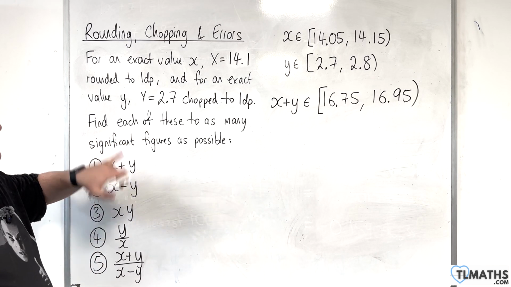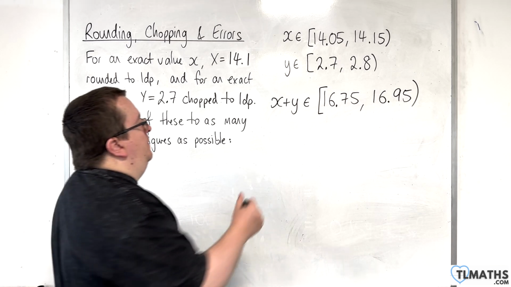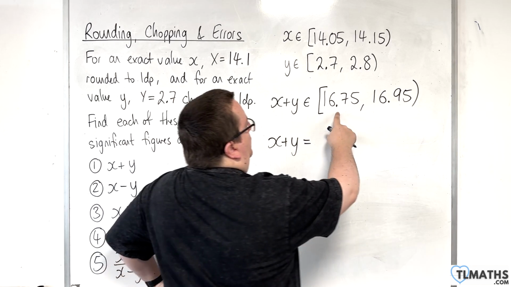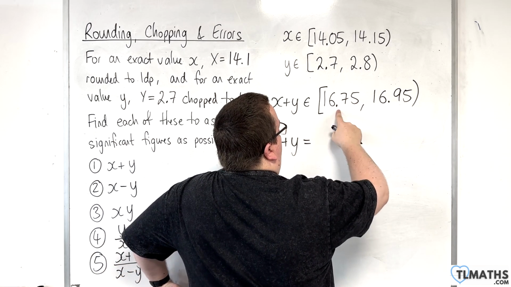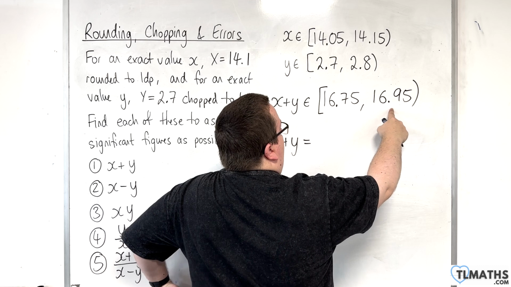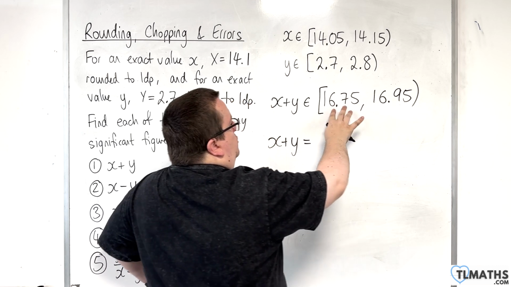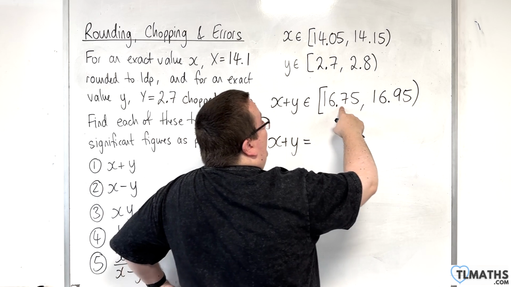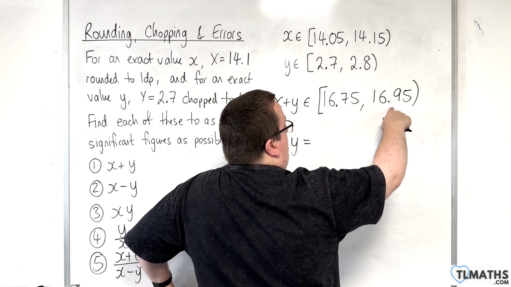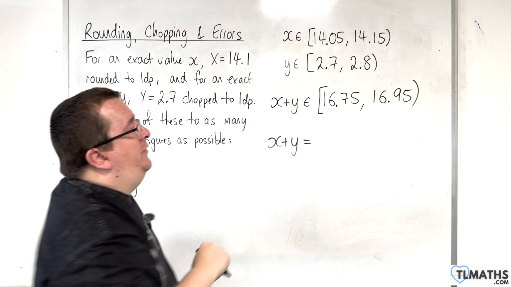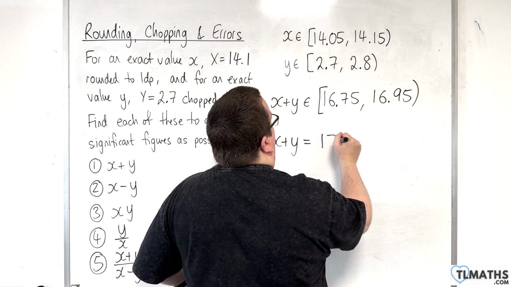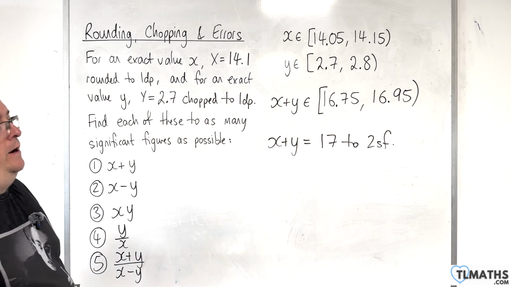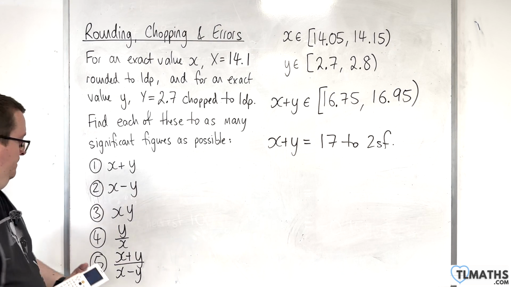So find each of these to as many significant figures as possible. Well, that means that x plus y would be equal to, to two significant figures, 17 and 17. And that's really the best that we can do. To one decimal place or to three significant figures, this would be 16.8 and 17.0. So they both round to 17 to two significant figures, so that's the best we can do. Okay, so that's number one.